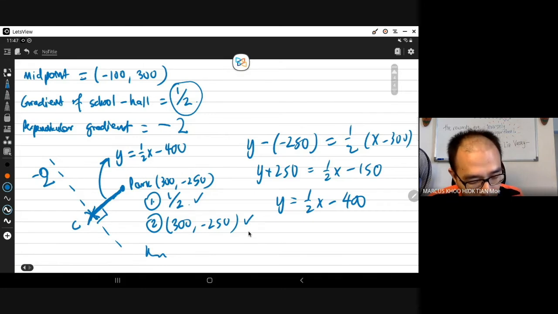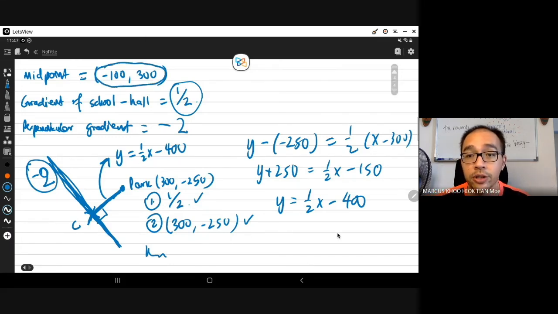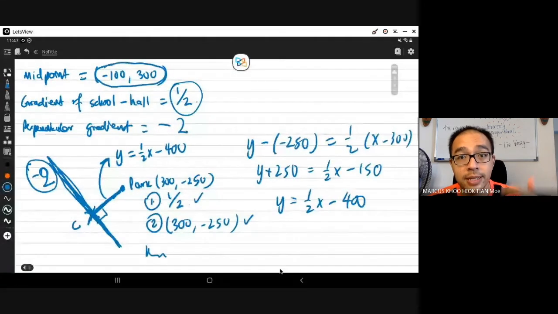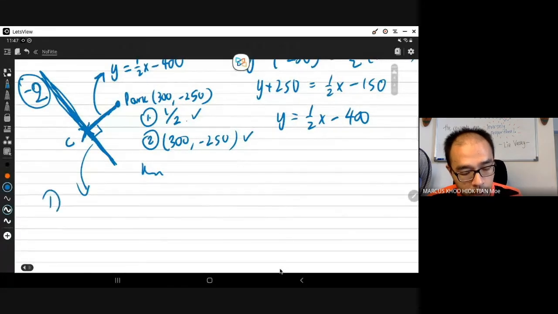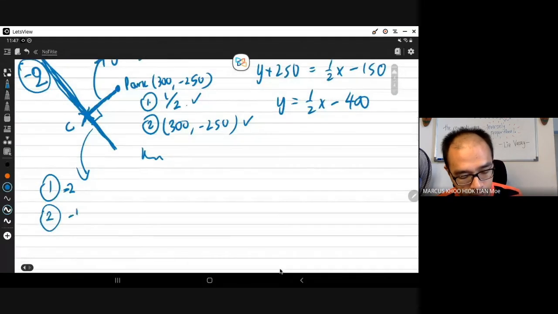Now we come back to this. Can we find the equation of this straight line? Yes, because you know that the gradient is negative 2, and you know that it passes through the point negative 100 and 300. So you can form the second equation, where the gradient is negative 2 and the point that it passes through is the midpoint of the distance between the school and the hall, negative 100 and 300.